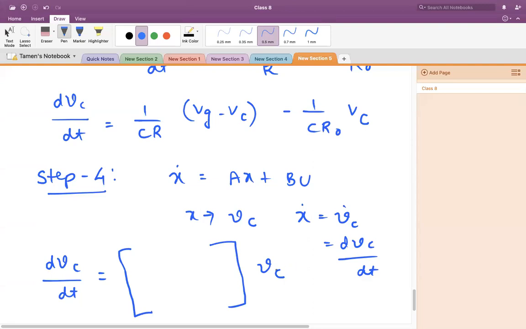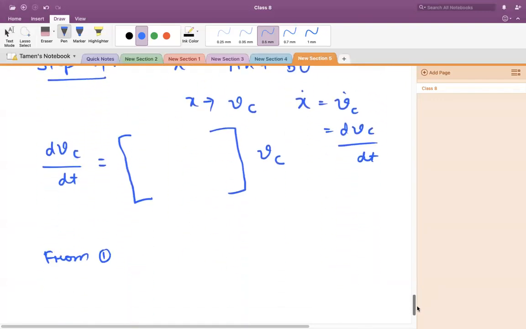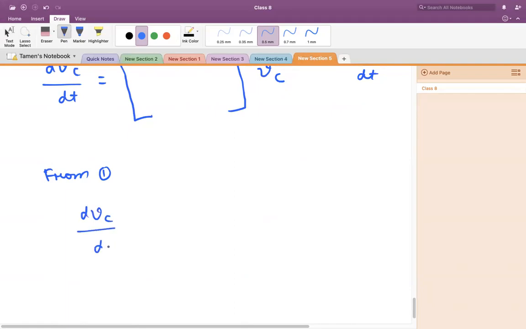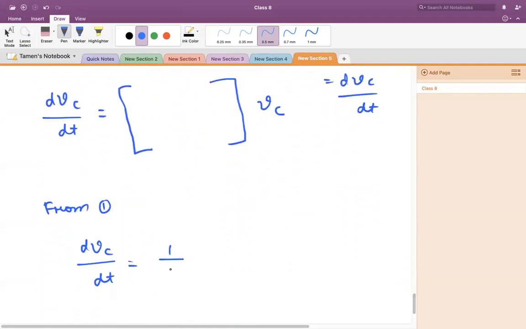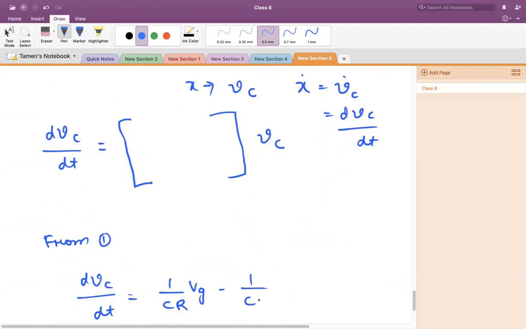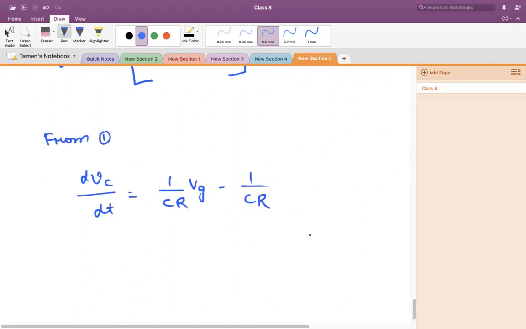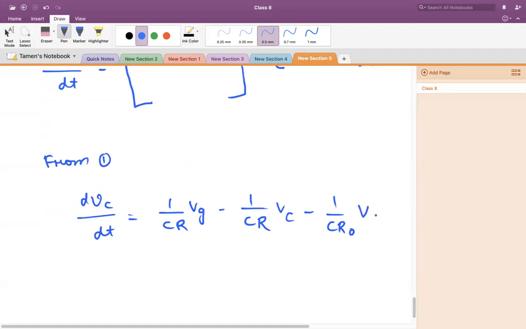So now if suppose this equation, equation number 1, I need to actually expand it. dVc by dt equal to 1 by CR into Vg minus 1 by CR into Vc minus 1 by CR0 into Vc.